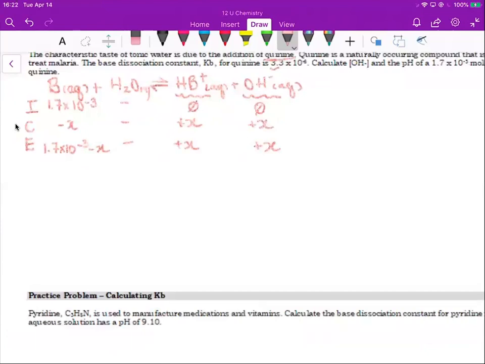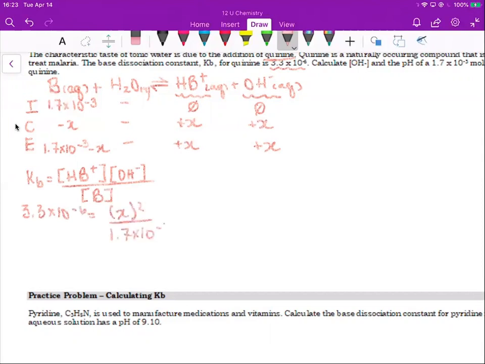So they gave us the Kb value, but if we're writing it out, Kb is equal to the concentration of the conjugate acid times the hydroxide over the concentration of the base. So it's 3.3 times 10 to the minus 6 equals x squared over 1.7 times 10 to the minus 3 minus x.